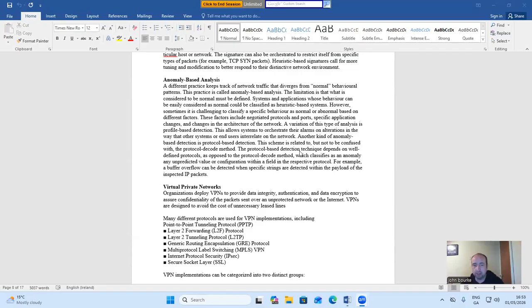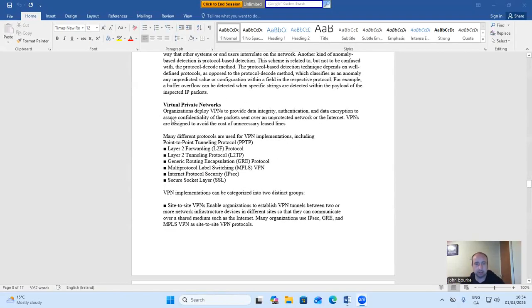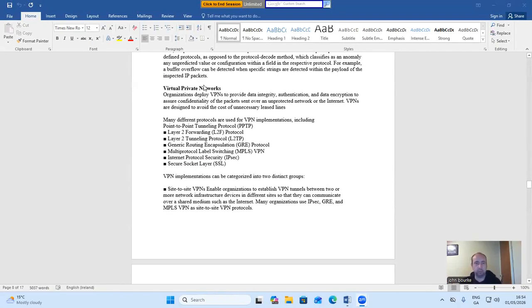The protocol-based detection technique depends on well-defined protocols, as opposed to the protocol decode method, which classifies as an anomaly any unpredicted value or configuration within a field in the respective protocol. For example, a buffer overflow can be detected when specific strings are detected within the payload of the inspected IP packets.